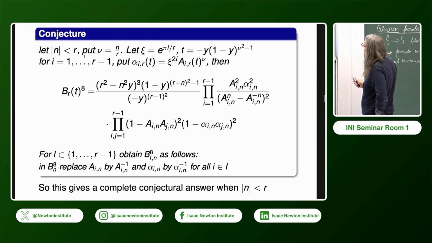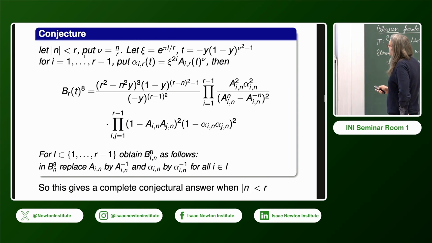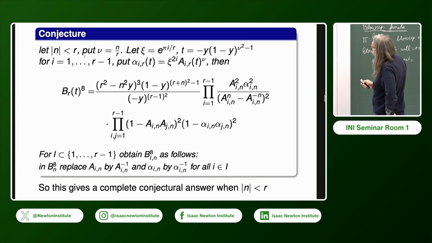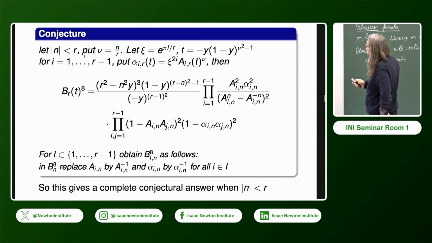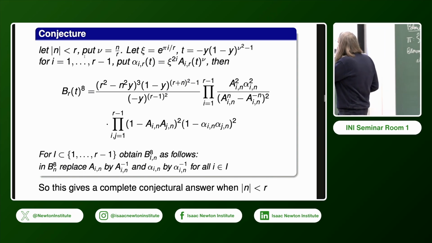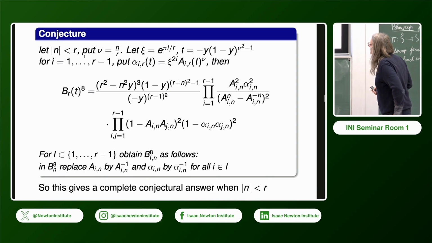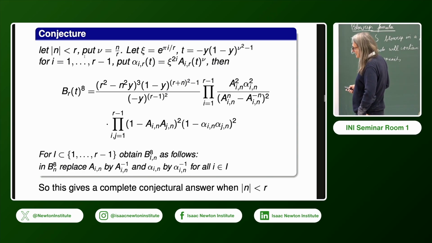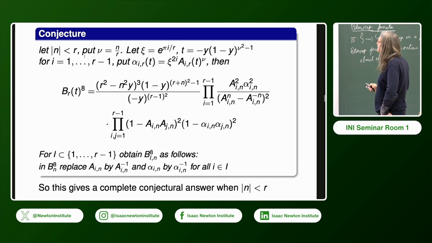So we have the same change of variables as always. And then we have our AIs, and we take also the AI to the nu with this root of unity. And then we write down this expression, which is obviously rather complicated, but given how complicated the algebraic equations are that these things fulfill, it's incredibly simple as compared to what it could have been. But anyway, this is this formula, and you can see it has some nice symmetry.